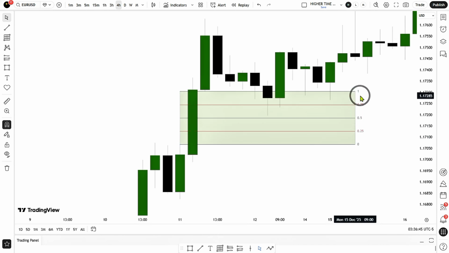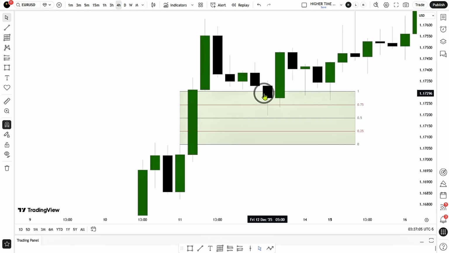This scale is showing the four quadrants of the imbalance. It gives the lower portion, the discount of the fair value gap, the second quadrant in the discount of the fair value gap, and two in the premium, the third and the fourth one.